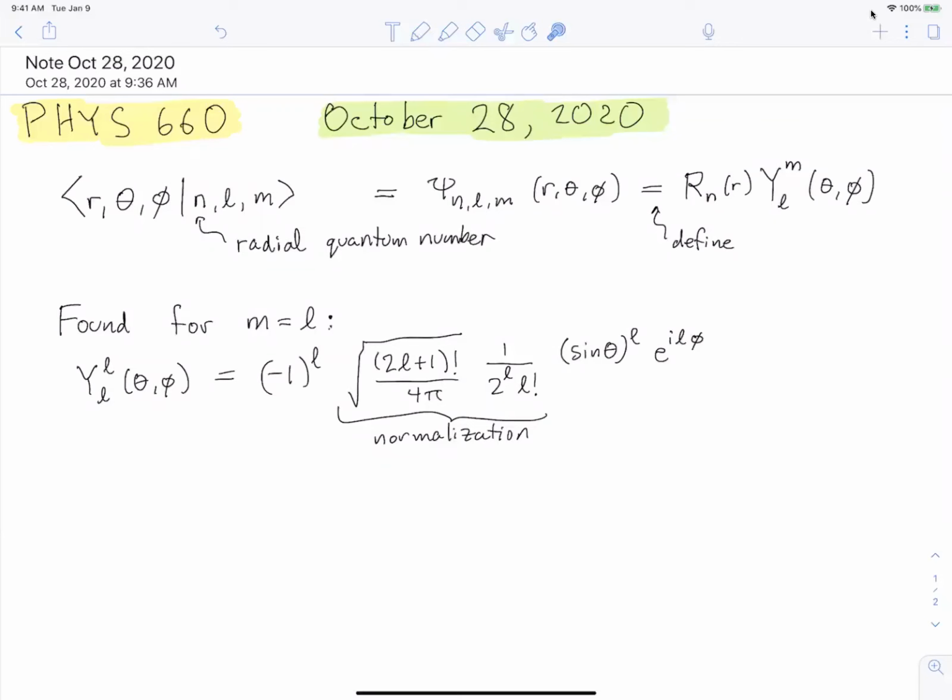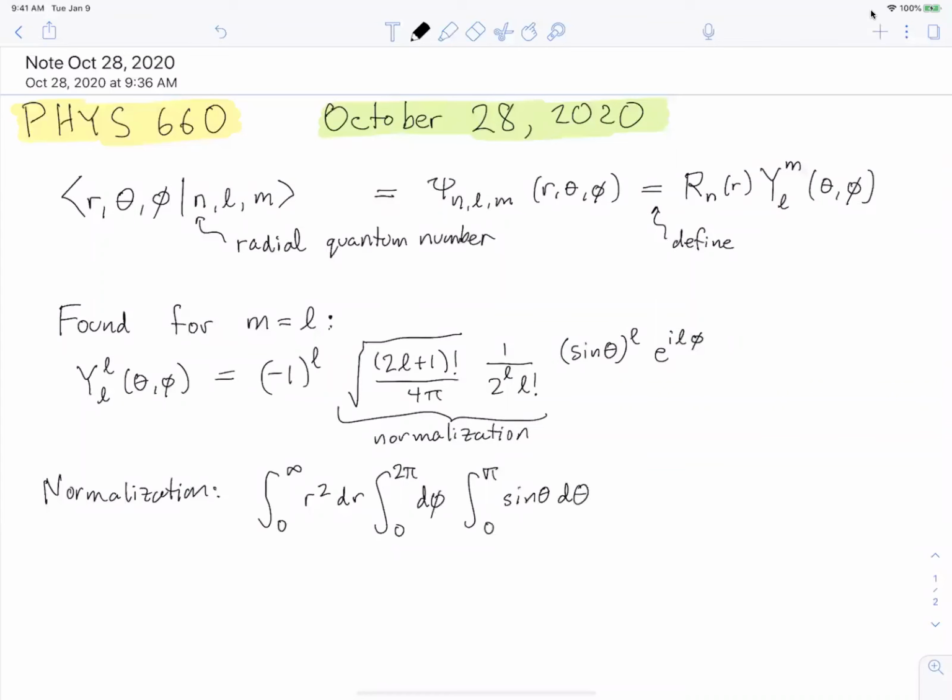Okay, so the normalization, the way that works is that we're requiring that when we integrate over all positions, so we're doing an integral 0 to infinity, and there's an r squared dr, and 0 to 2 pi d phi, and 0 to pi sine theta d theta, and then we're multiplying by the square of the wave function, that's supposed to equal 1.